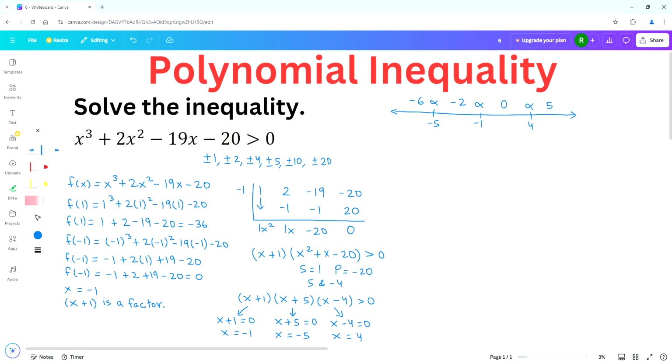Let's start with negative 6. We should sub in x as negative 6 in the given cubic polynomial.